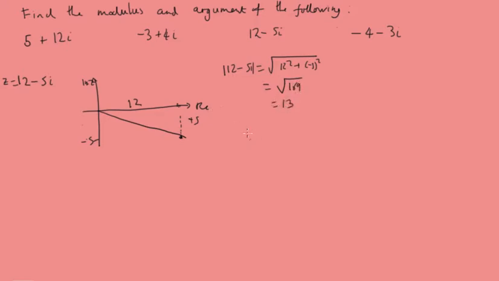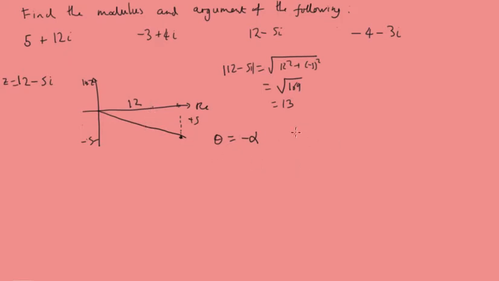Now, theta is going to be equal to minus alpha. So this here is the angle that we have, but this is going to be a negative angle.